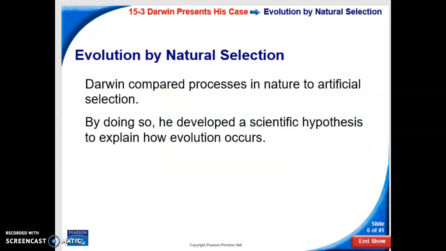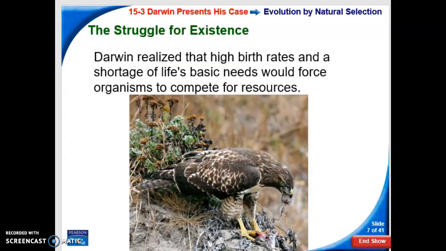So Darwin felt that maybe nature does that also. Nature is going to provide the environment to live in, and the animal that is best suited for that environment is going to be the one that survives. Now, one thing that leads to evolution is that animals in nature have to struggle to survive.